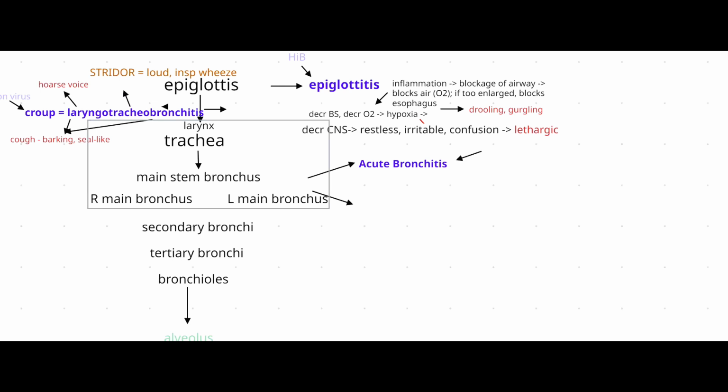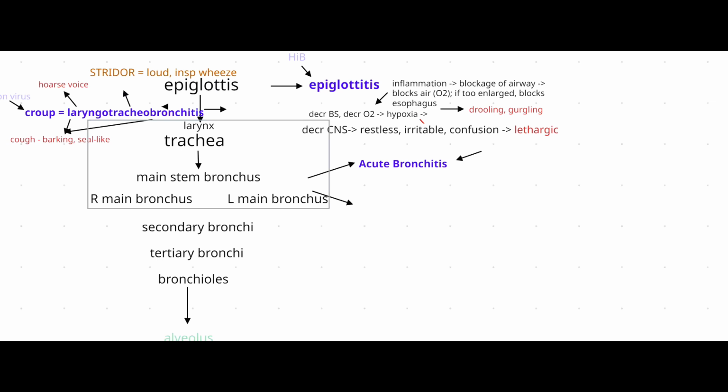Not for acute. So an acute bronchitis is infectious, right? So this is an infection. And what kind of infection? What causes that infection? It could be threefold. What's most common? Virus, right? What's the next most common? Bacterial.